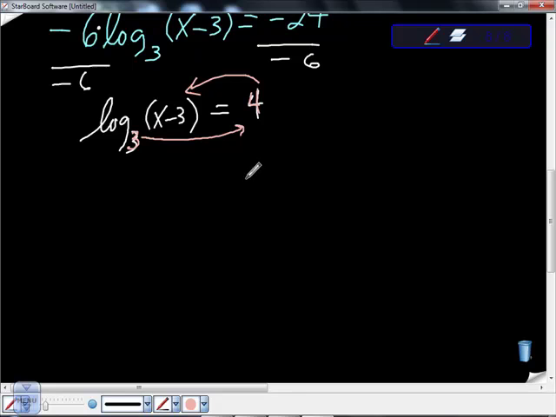So 3 to the 4th power is equal to our x minus 3. There's nothing in front of the x minus 3, just a positive 1, so I can drop the parentheses. 3 to the 4th power is 81, yes? So x equals 84. And check it the same way.